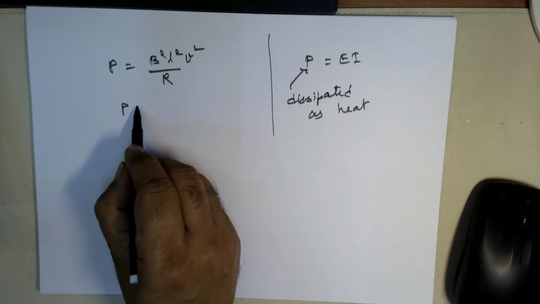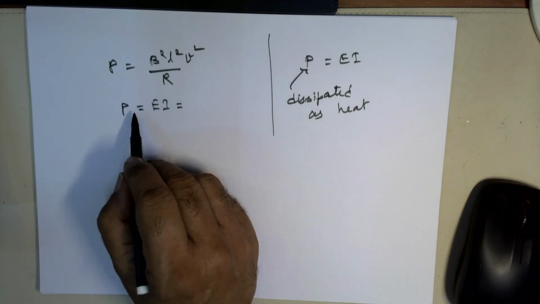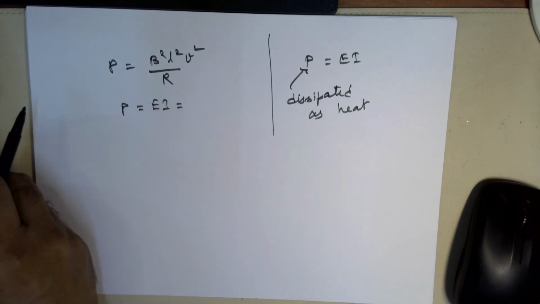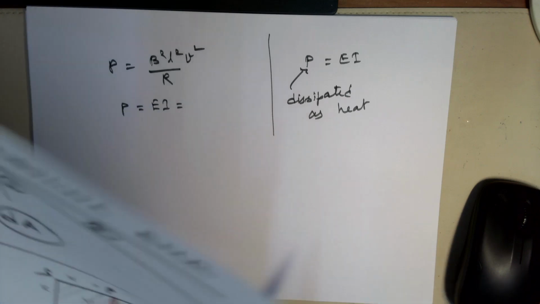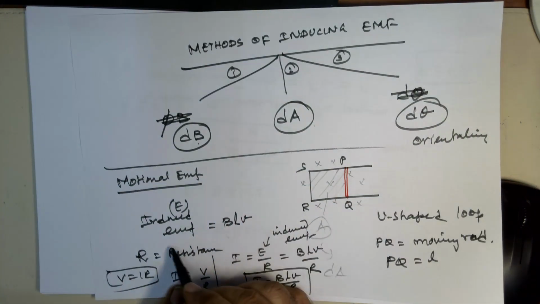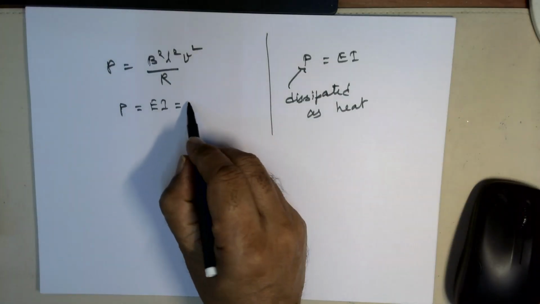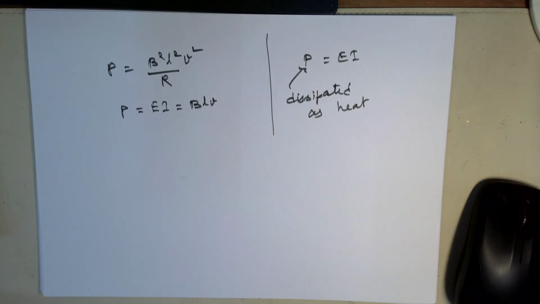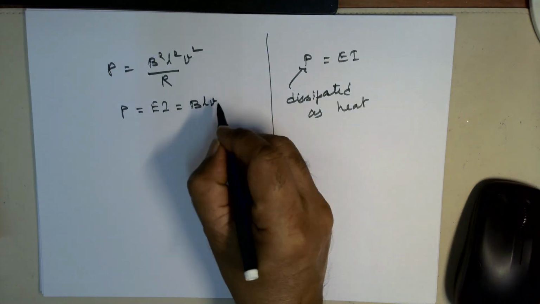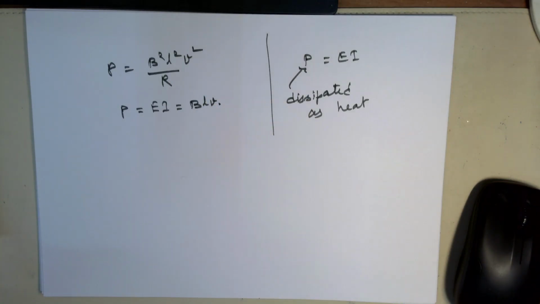So this P is equal to E into I, and this E we already took as BLV, is it not? That was the initial equation here. Induced EMF is equal to BLV. So we can put this BLV into I. And what is that I?